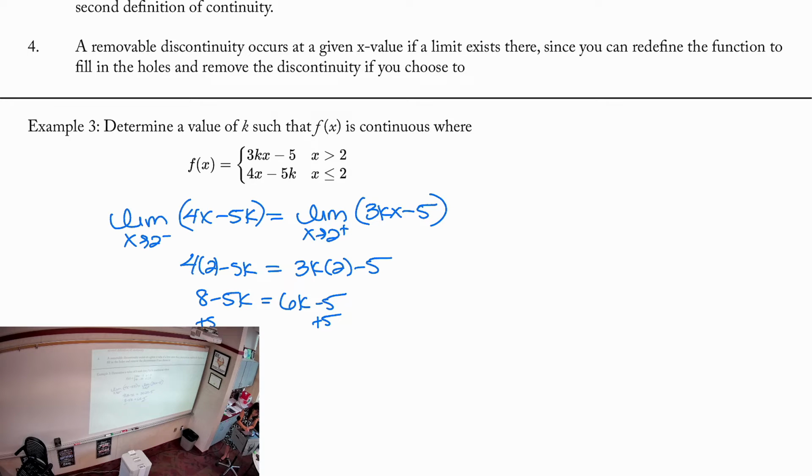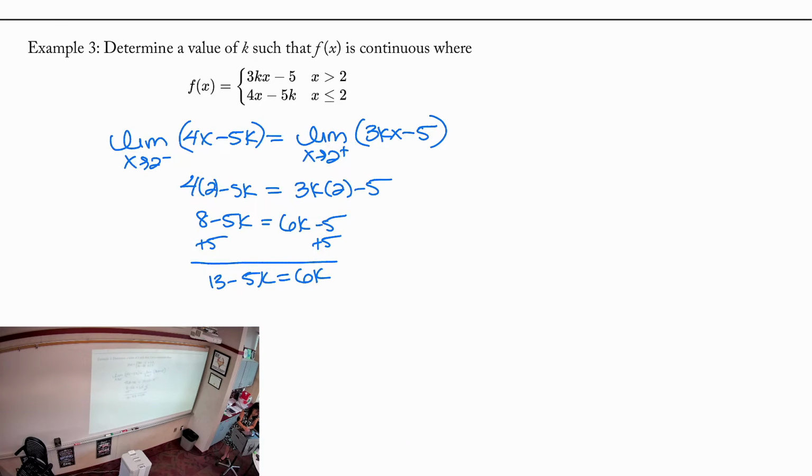Add 5 to both sides, so I get 13 minus 5k is equal to 6k. Add 5k to both sides, and I get 13 is equal to 11k. Divide both sides by 11, and I get 13 over 11 is equal to k.